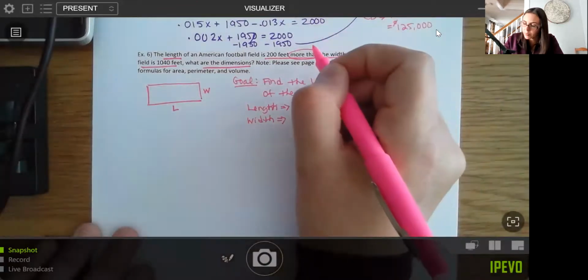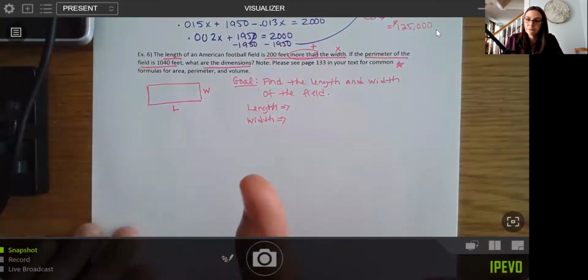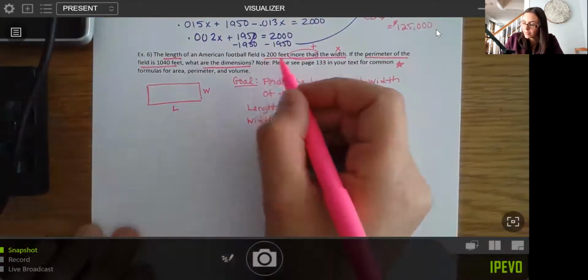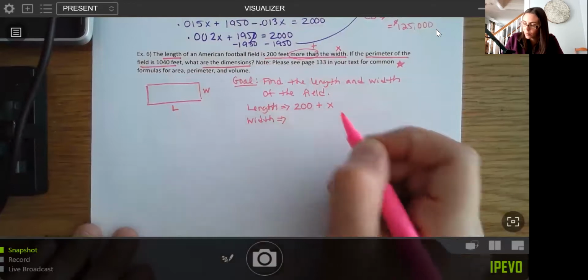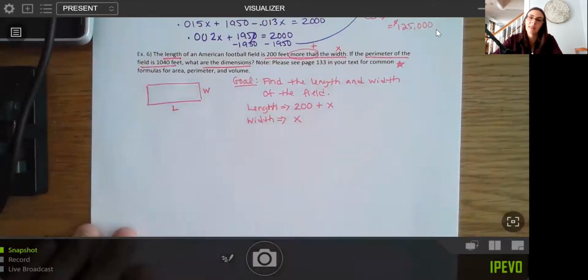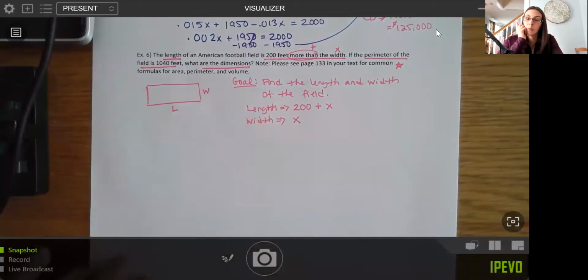Well, more than means plus, and I can let the width be x here, or you can use w if you want. So my length is 200 more than the width, which means that the width must just be the x. So as I read through, I see that that width is a bit more important. It's going to get that variable of x, and I can easily write my length in terms of the x if it represents the width.